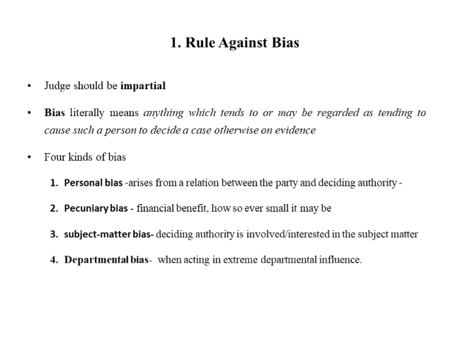The first one is personal bias. Personal bias arises from a relation between either of the parties and the deciding authority. Such a relation may be personal, fiduciary, or professional, and may be friendship or hostility.